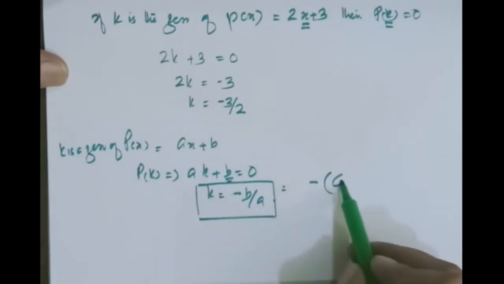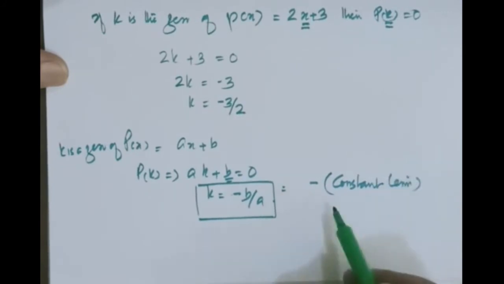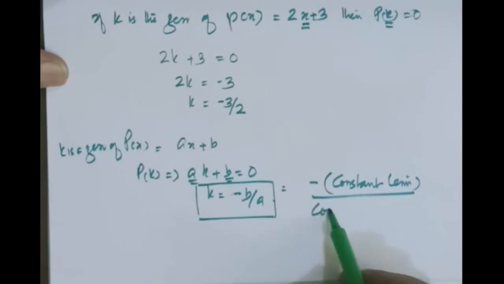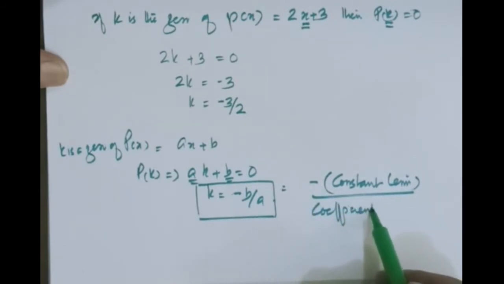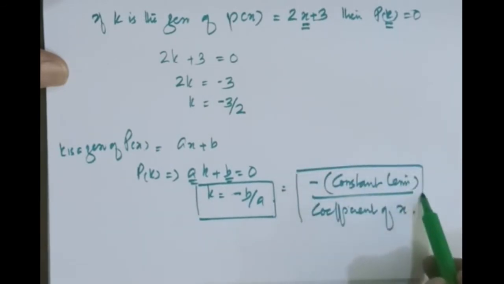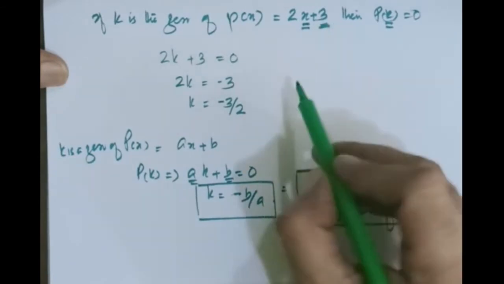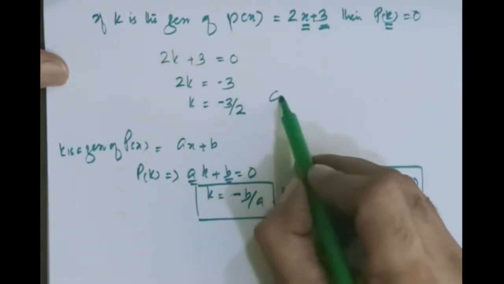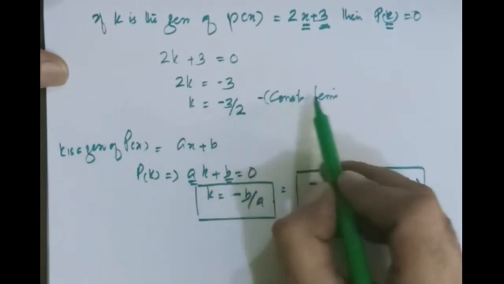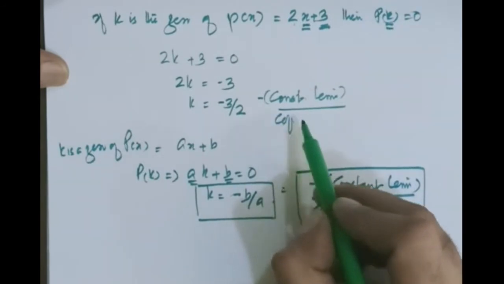So minus of the constant term divided by, what is a? a is the coefficient of x. So here also we are getting minus 3 by 2. 3 is the constant term. Minus of constant term divided by, what is 2? 2 is the coefficient of x.